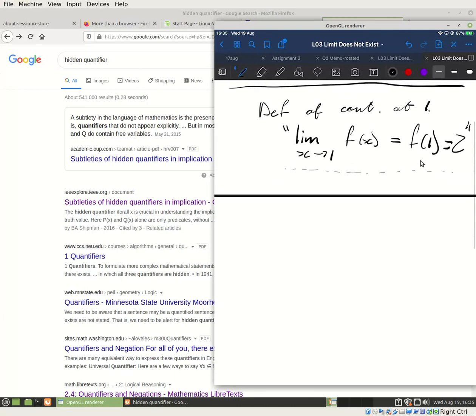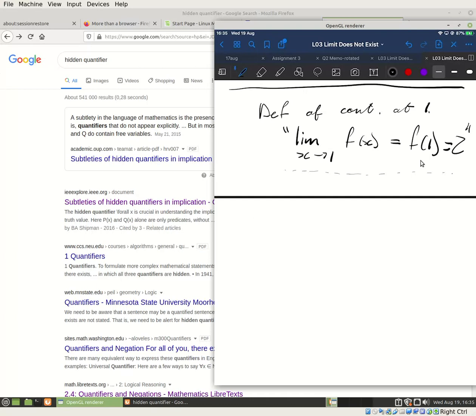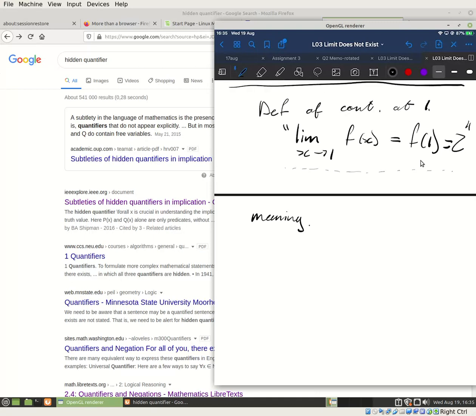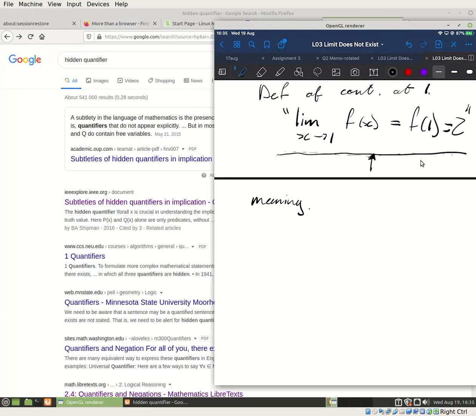Let's write out exactly what this means. So I'm just going to write out the meaning of the statement that we have written out. Again, we know what the definition of the limit is.